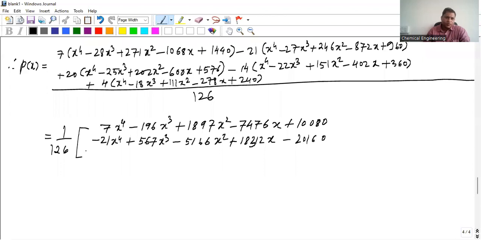The next term we're having is plus 20x raised to 4, minus 500x cube, plus it is going to be 202, so is that 4040?